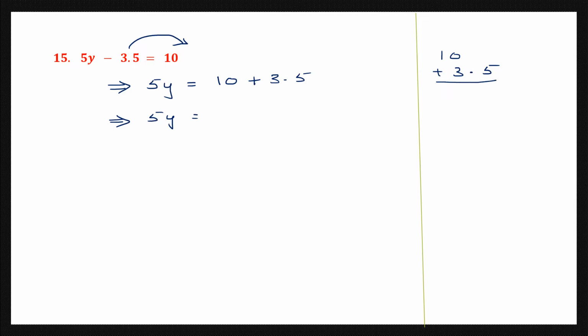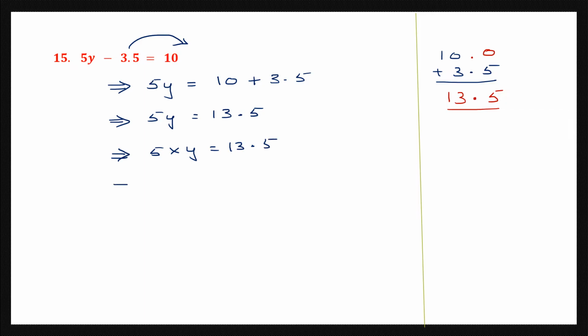So let us make them like decimals by putting the point and a 0. 0 plus 5 is 5. Then here 0, 3 and 1, 13.5. So 5y is 13.5. That means 5 into y is 13.5.